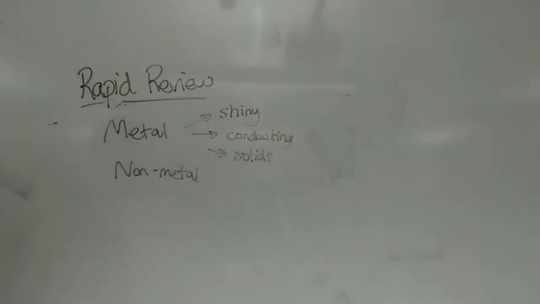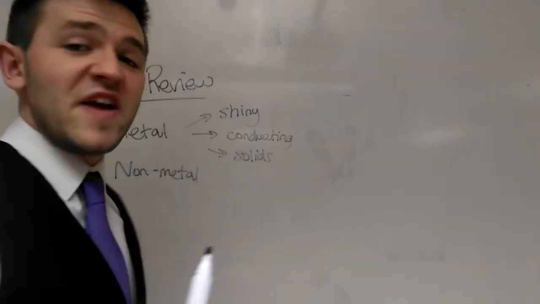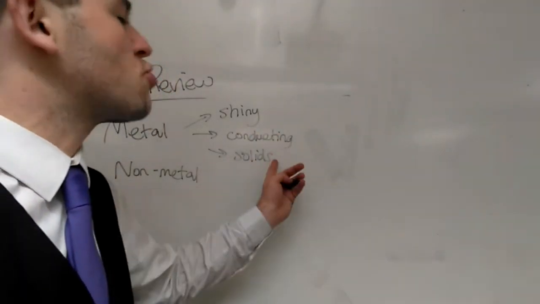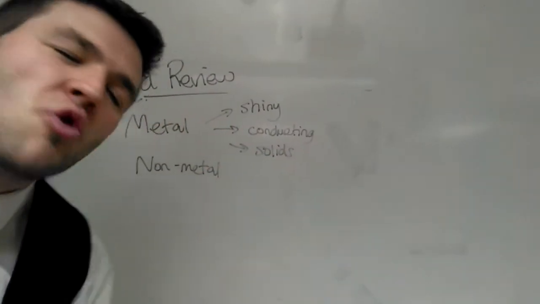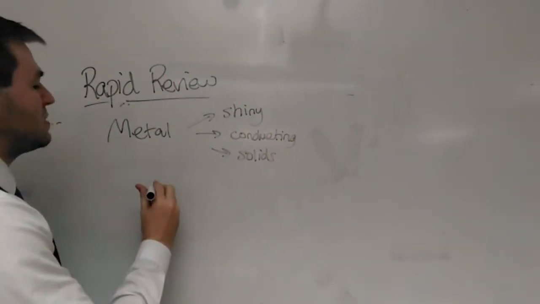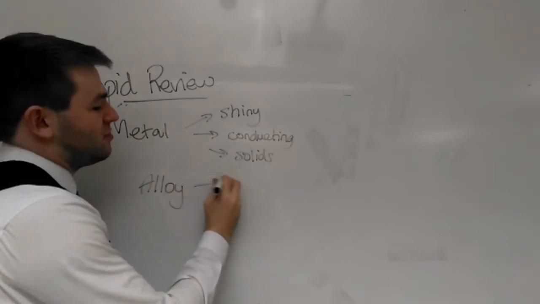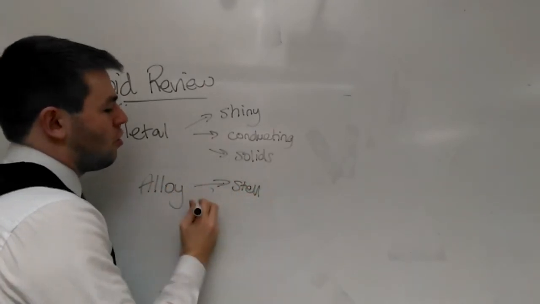Those properties mean that metals can be very useful for conducting both heat and electricity, for reflecting things, and for being very strong. We need to make them stronger sometimes, though. So sometimes you have to have an alloy, for example steel or bronze.